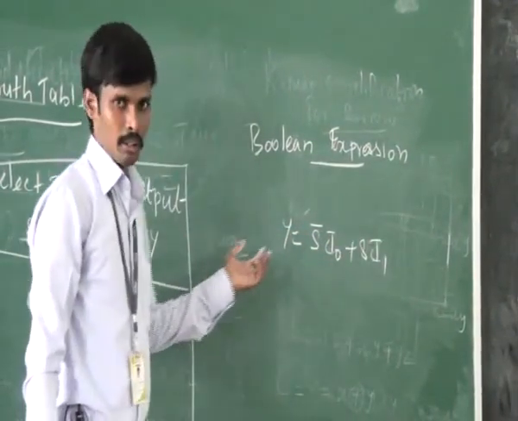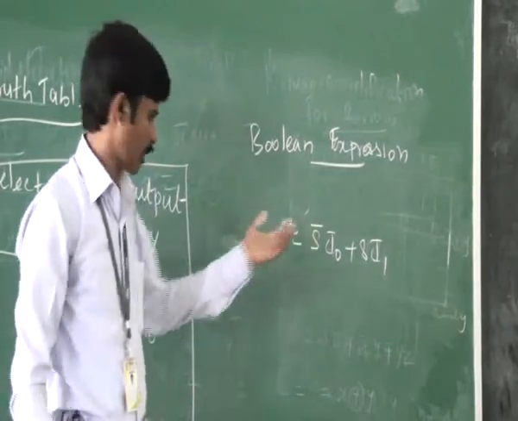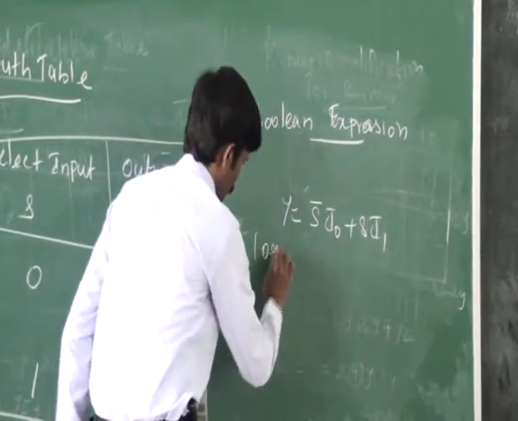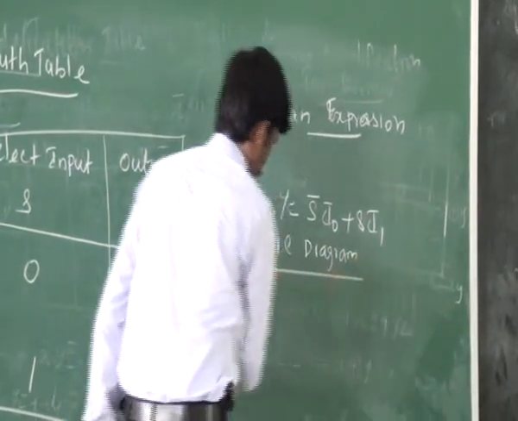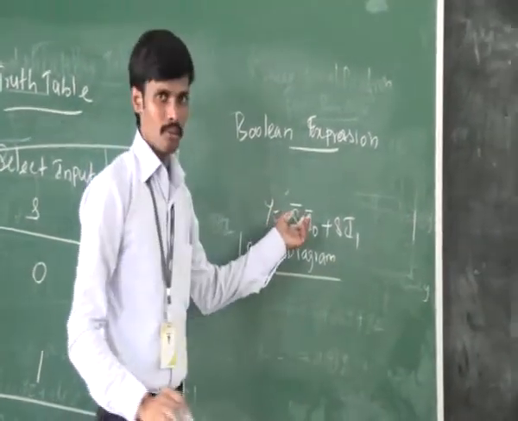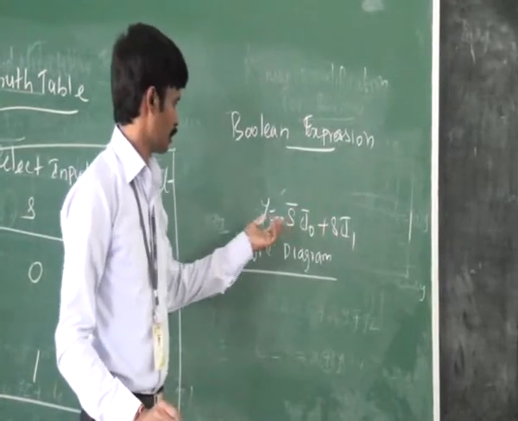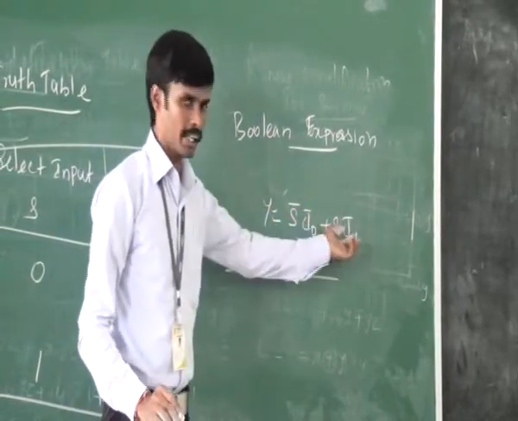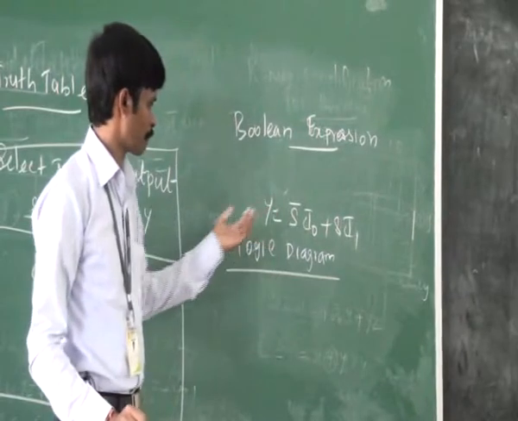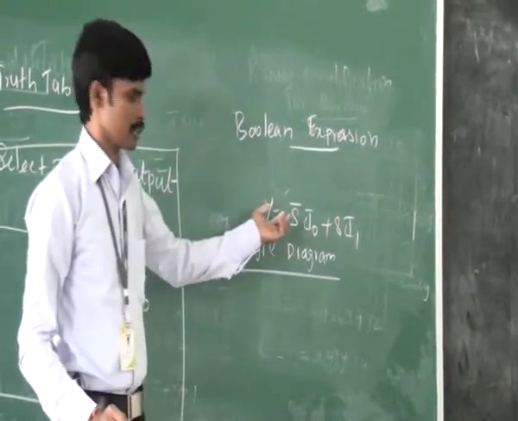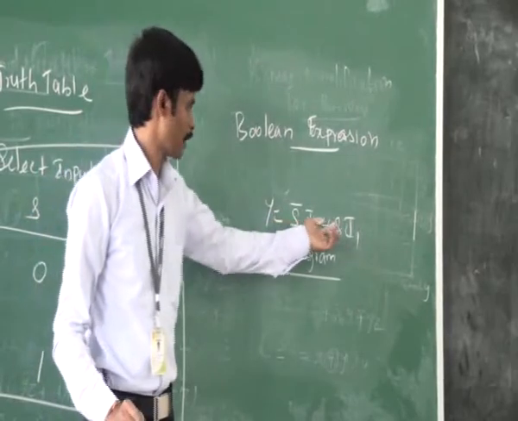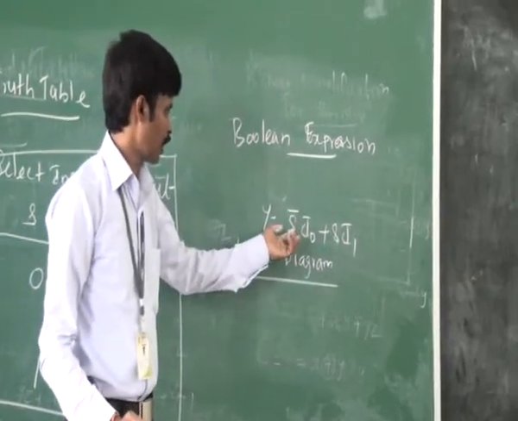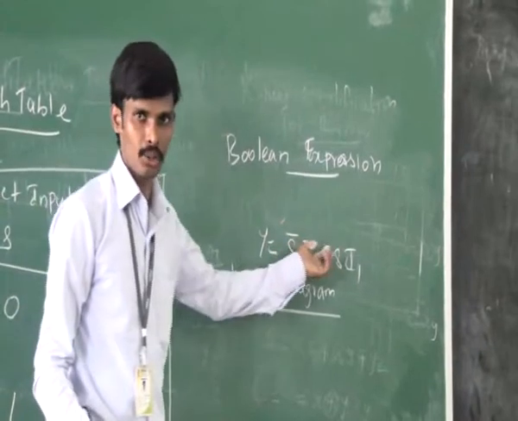Now let us see the logic diagram for 2x1 multiplexer. Here we have 1 selection input, 2 data inputs and 1 output. To implement this expression, we need 2 input AND gates, 1 NOT gate and 1 2 input OR gate.